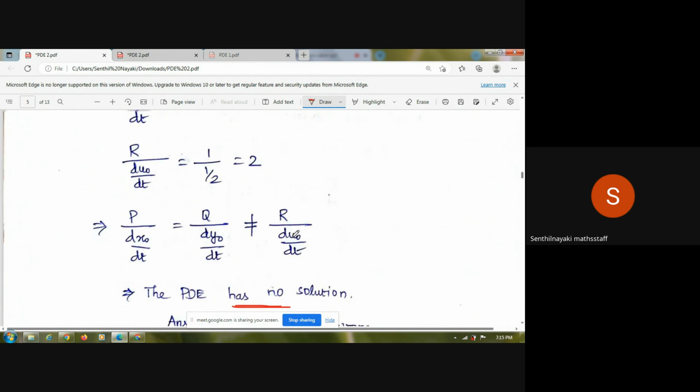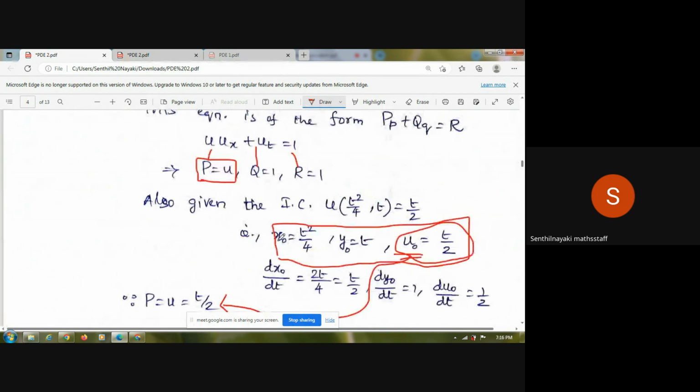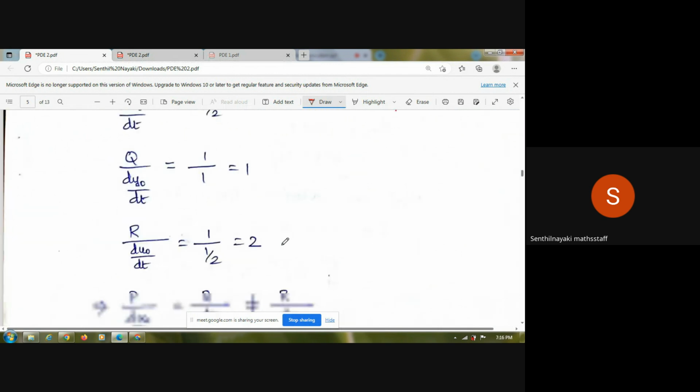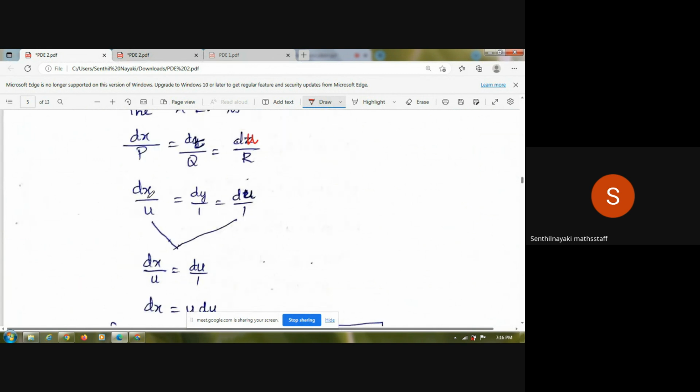Okay, because here we have x, t and u. So dx by p, dt by q, du by r. So dx by u, because the value of p is u, and dt by q, the value of q is 1, and du by r, that is 1.